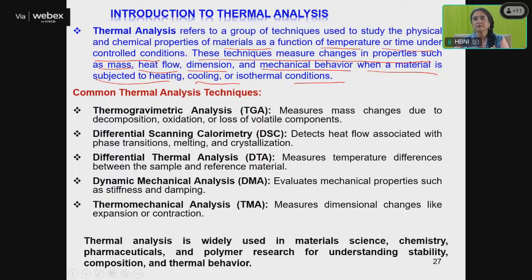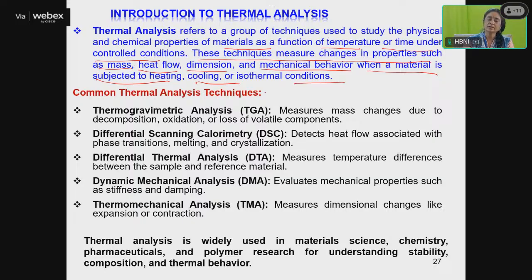In electroanalytical techniques, it is all about electron flow, voltage, and current. In thermal analysis, it is a function of temperature. You need to see the mass change, heat flow, or any phase change. All those things can be seen.